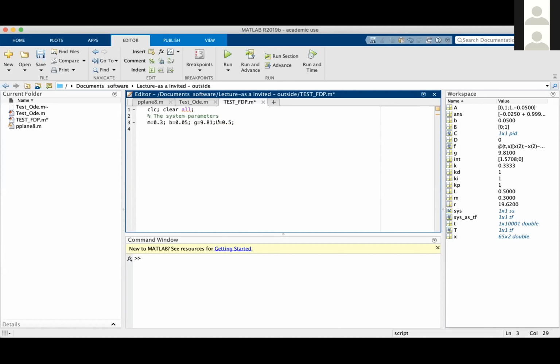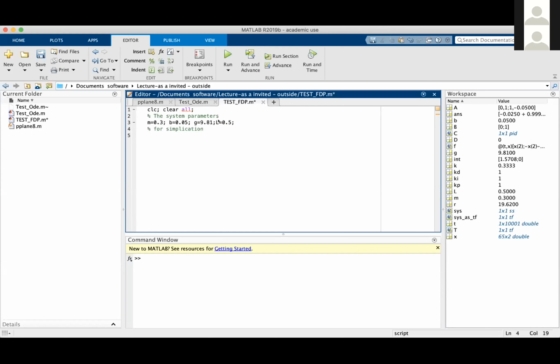Now, for simplification, what I have done in my write up, I will also explain the same thing here.